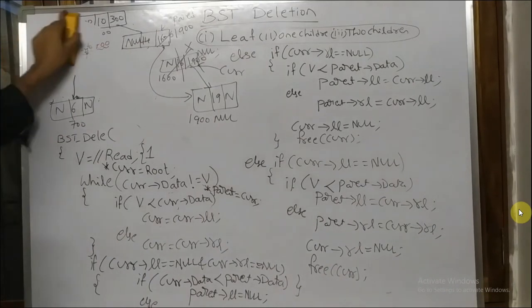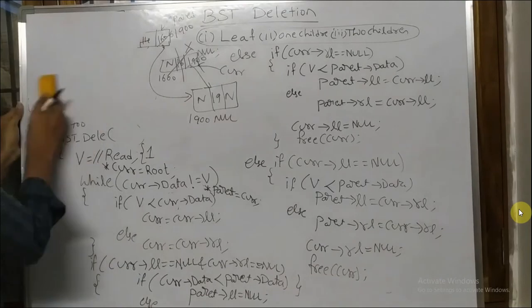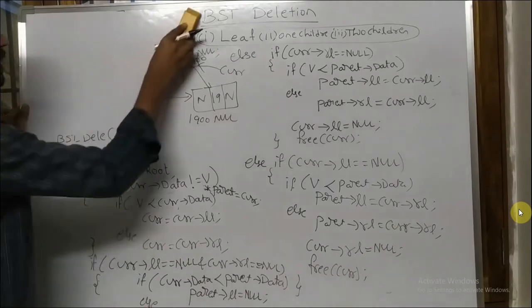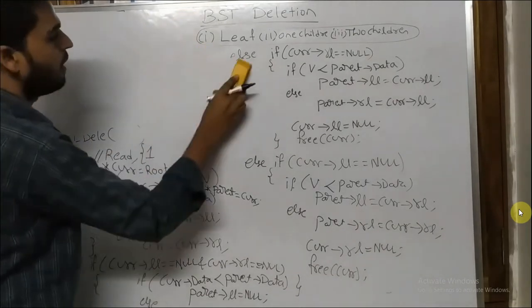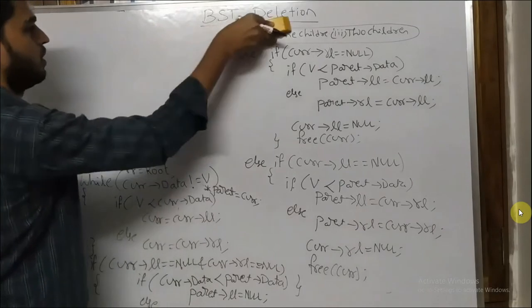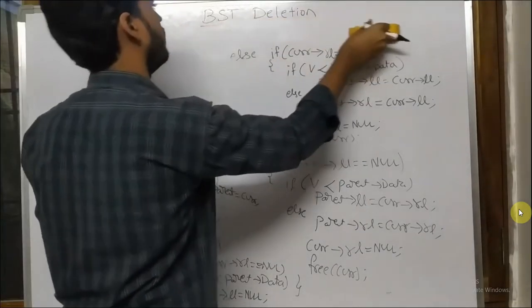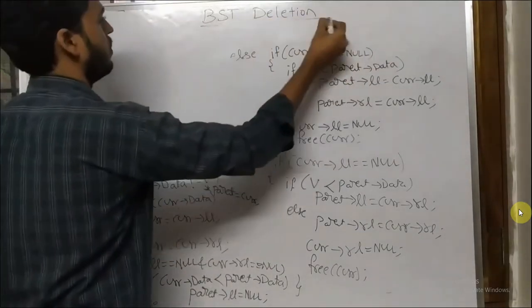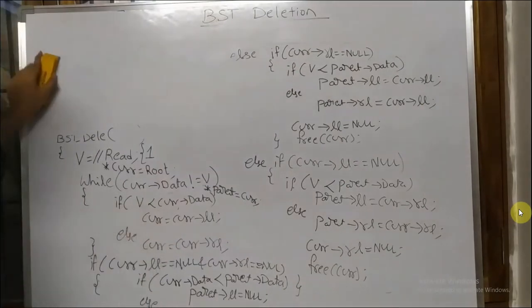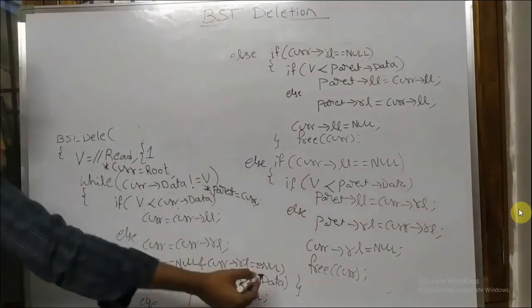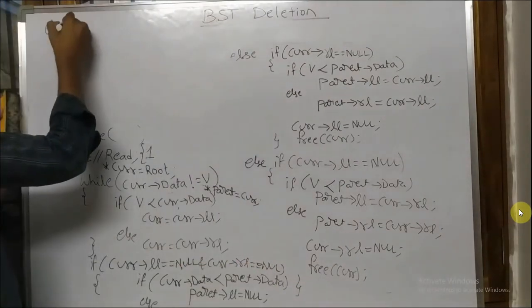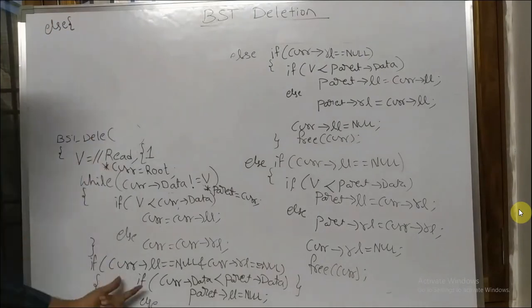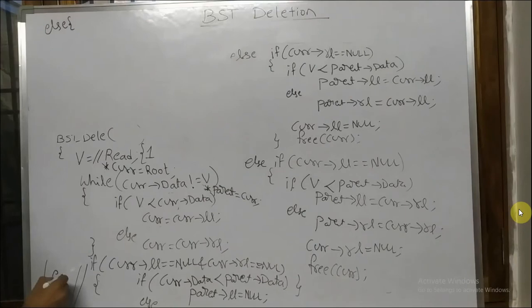Now we'll see if the deleted node is having two children or not. After writing that, write the else condition. This case is to check whether it is a leaf node or not. If it is a leaf node, I need to make its appropriate connections and delete.